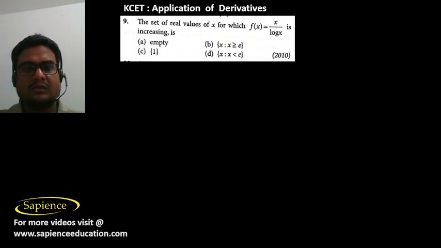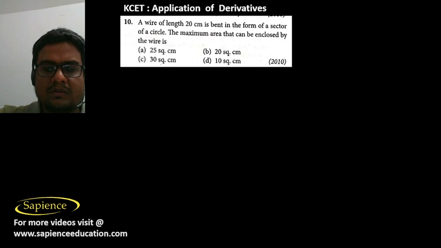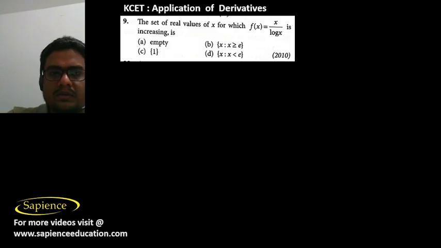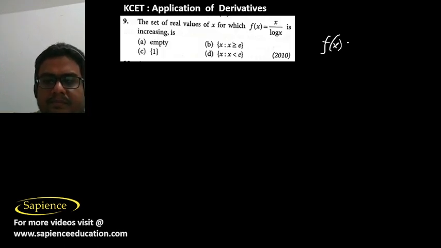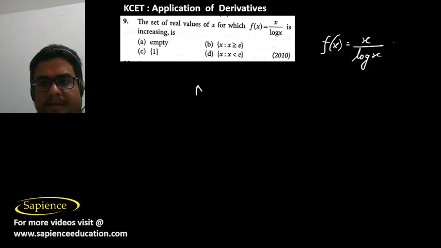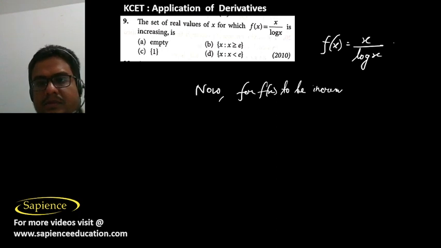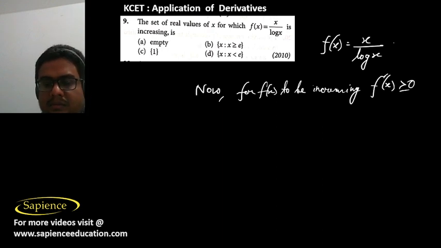Then it is told find the set of real values x for which f of x equal to x by log x is increasing. For f to be increasing, f dash x should be greater than or equal to 0.